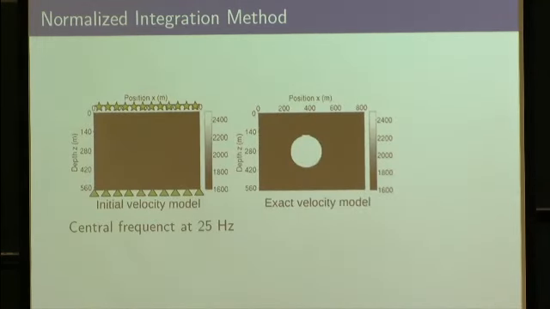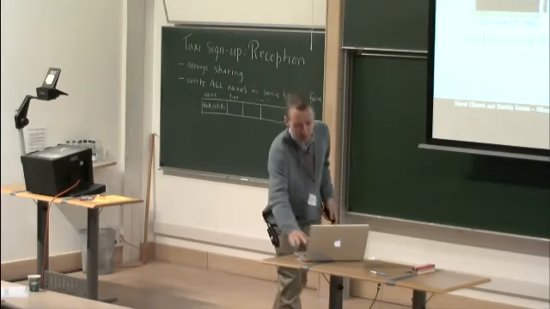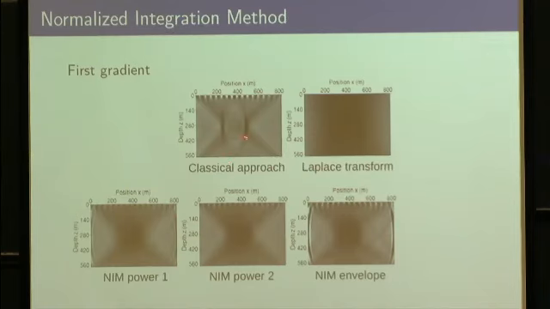Okay, so if you do a gradient and if you iterate, so this is on this example, here the exact model is a perturbation of 900 meters per second in the blue section. Well, what you have here is a presentation of a first gradient. I started with a homogeneous model, and what you retrieve with a classical approach is more or less what you have on the edges.